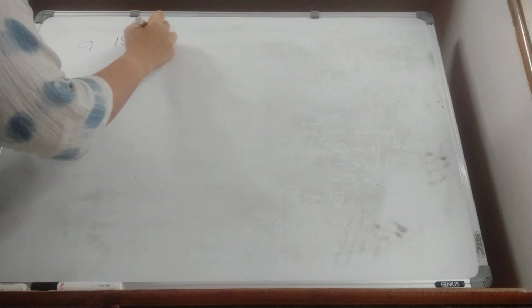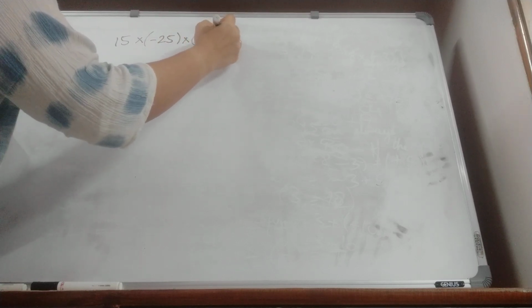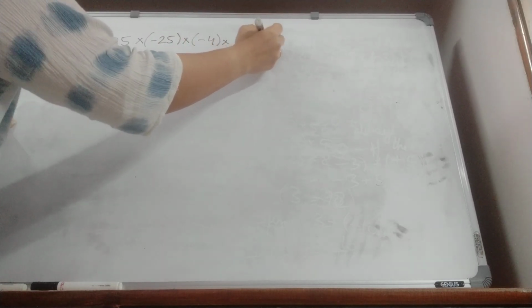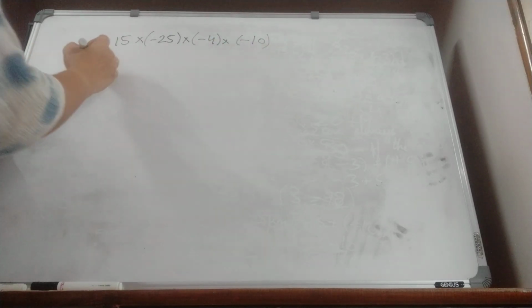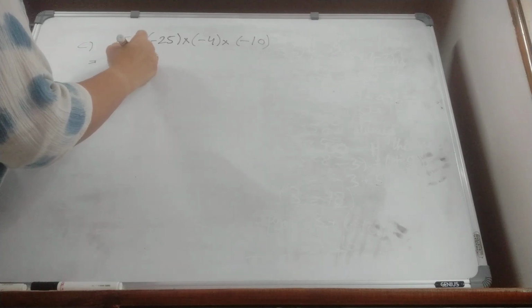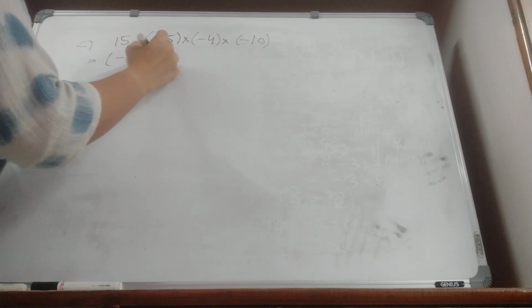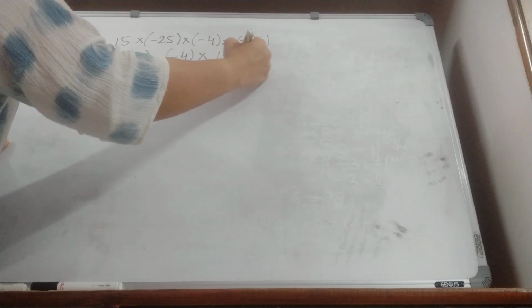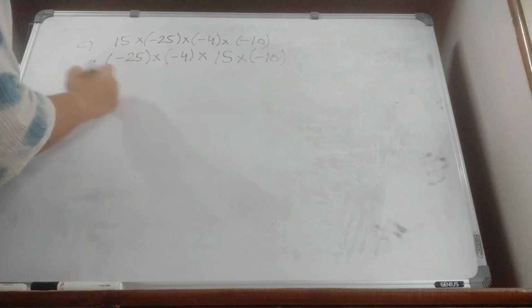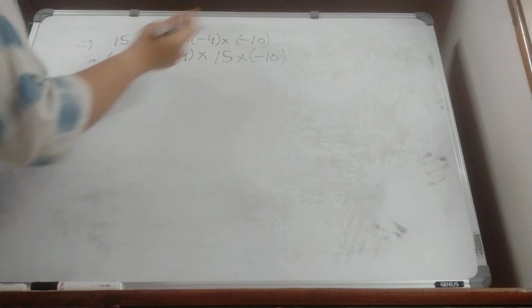15 into minus 25 into minus 4 into minus 10. Okay, again we are going to be clubbing up things together. So we can say minus 25 and 4 we can club together to get 100, and 15 and minus 10 we can club together to get 150.